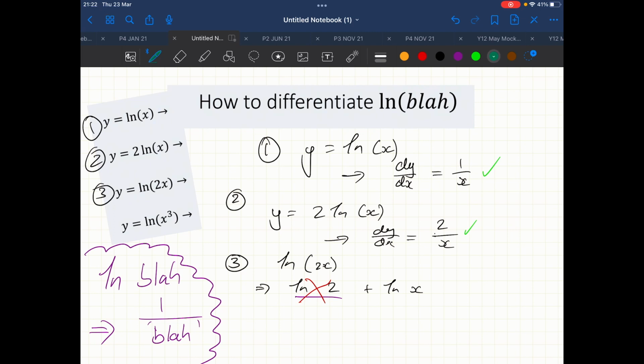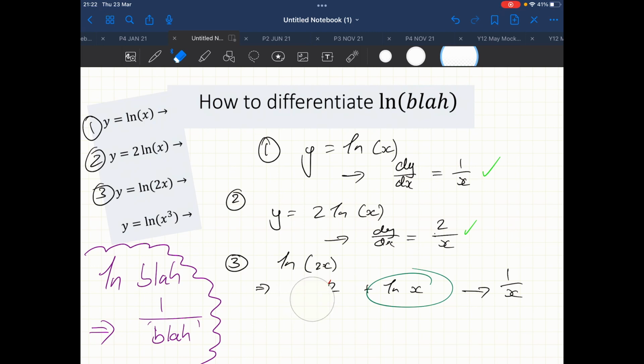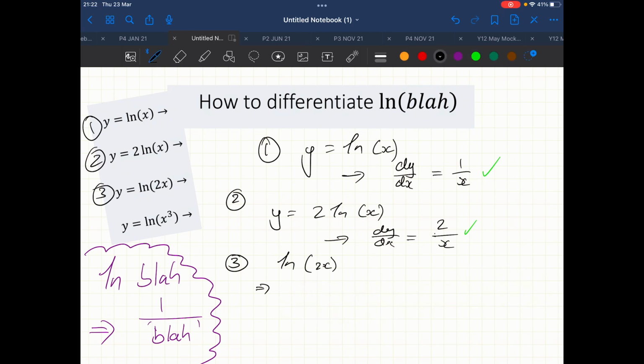So we'd only be left with this one, and we know the natural log of x differentiates into 1 over x. This is a little bit of a surprising result, really, but the natural log of 2x is also just 1 over x. In fact, in general, the natural log of an x with a number at the front is just 1 over x. That's a special result to watch out for.